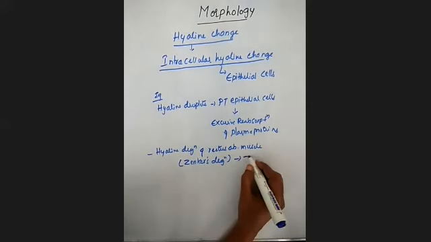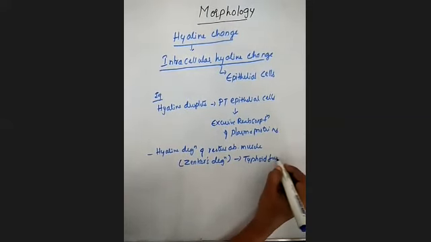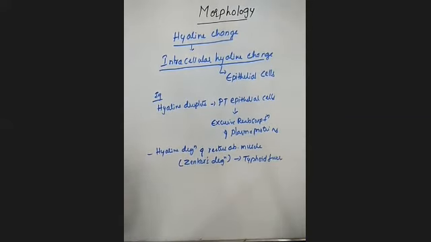Mainly this is observed in case of typhoid fever. In case of typhoid fever, if they go for any blood test and stain with those particular dyes, if there is any hyaline change, that indicates typhoid fever.